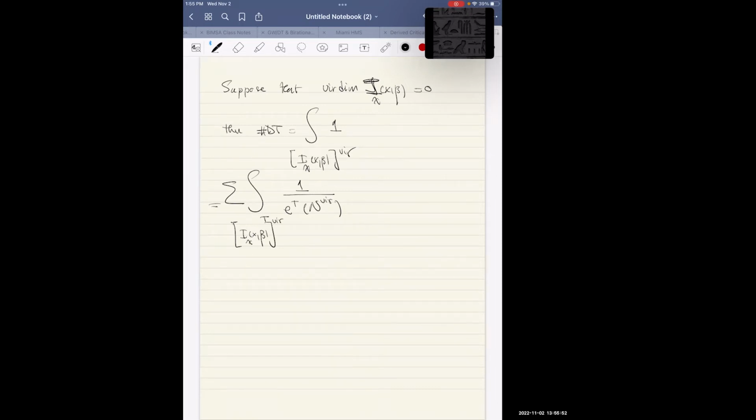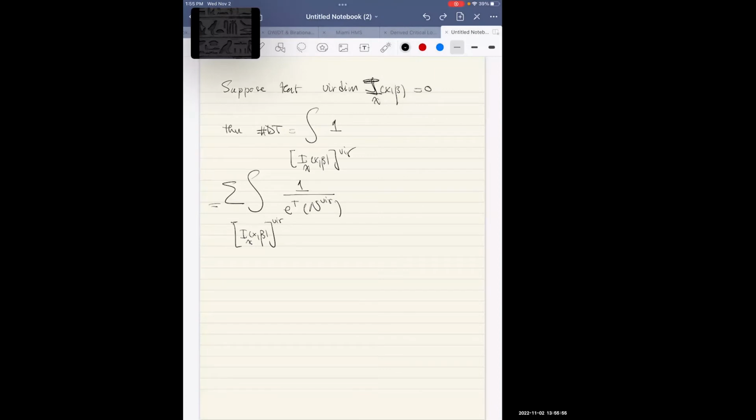So basically, I can just put T in here, meaning T fixed part. And I can add over T fixed components.